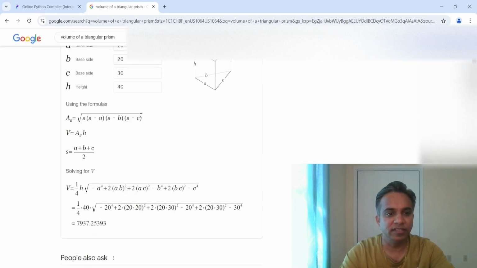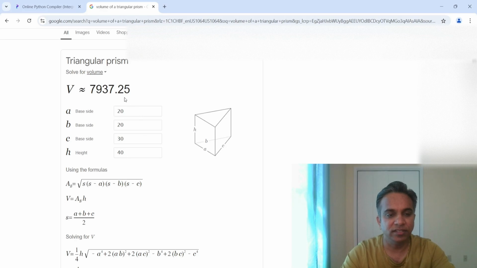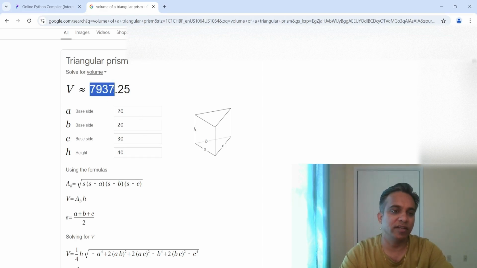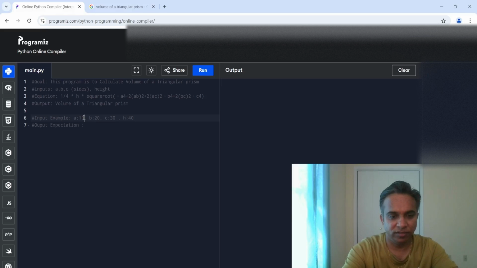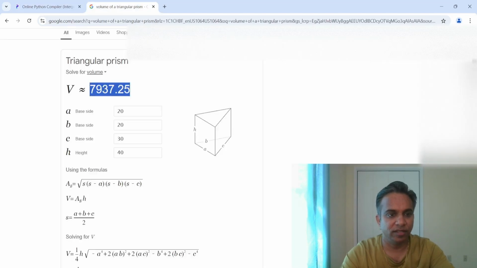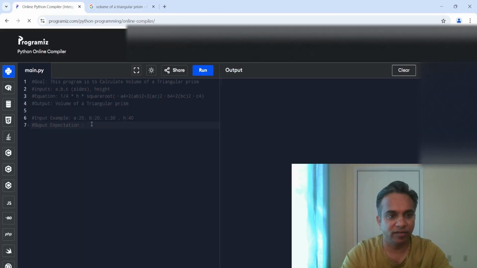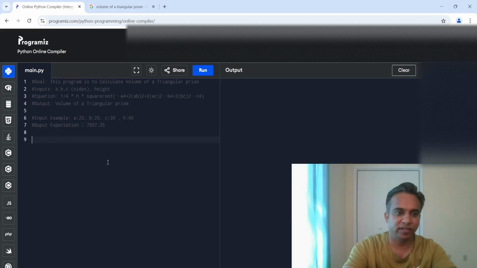In this case, it is applying the equation and the output is near about 7937.25. Now this is an invalid input. Let us get the right one. Then the output we are expecting is somewhere around 7937.